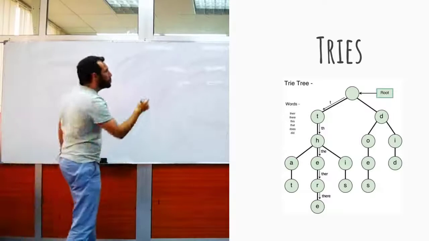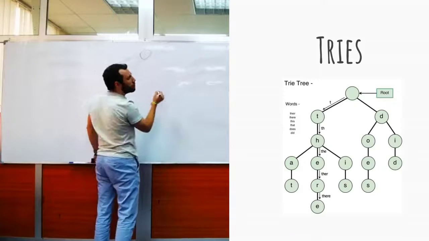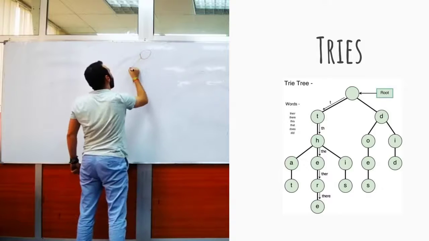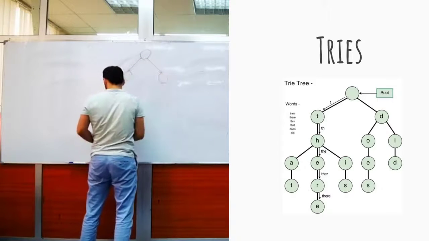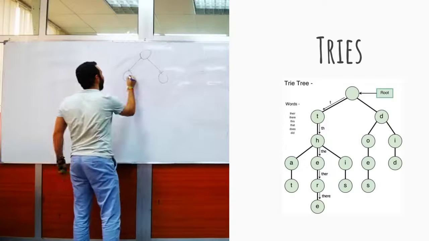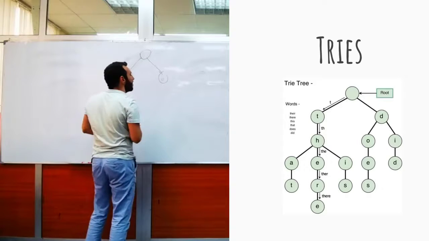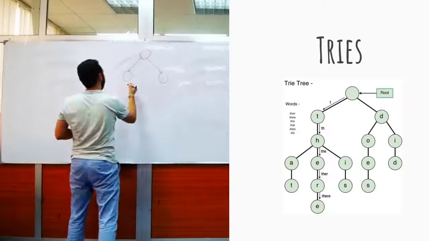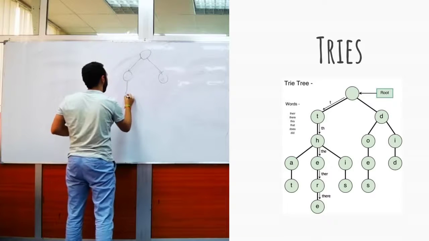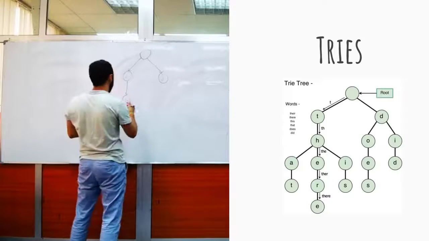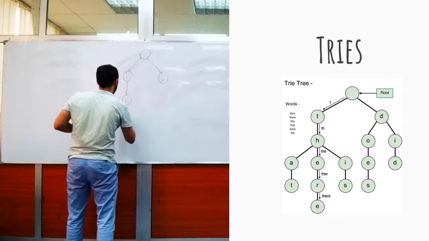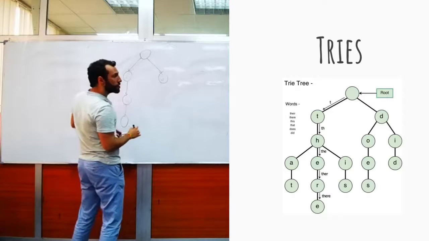All right, we have the root here. Can somebody help me? T. D. Go down. H. Go left until H, and then E. Go left, A. Go down. Let's do it like DFS.